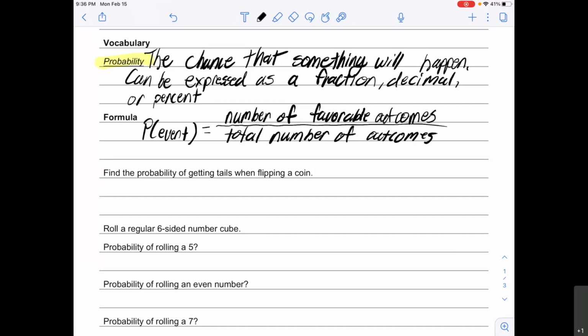So, for our first example, if we wanted to find the probability of getting tails when flipping a coin, we would write P and then parentheses of tails. So the probability of tails is how we would read that.